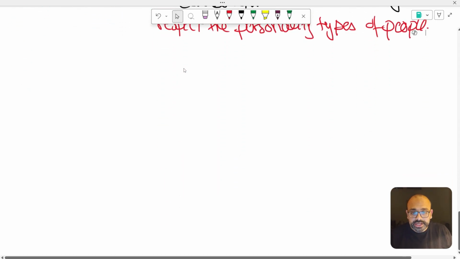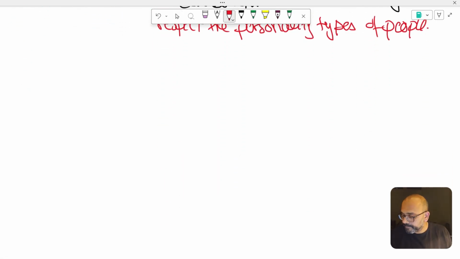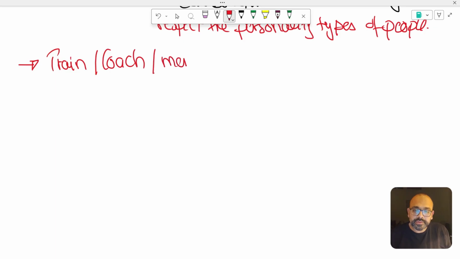Then when you are creating a team, we need to train them, coach them, mentor them. It is our responsibility as a project manager to train our people for a particular skill set, because training means adding a new skill set. Coaching means how to use the skill set, and mentoring is how to be consistent in that long-term relationship.